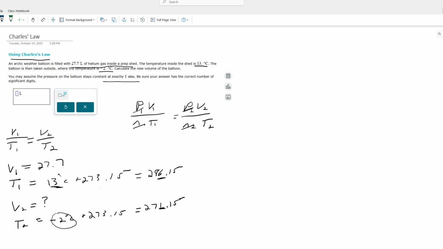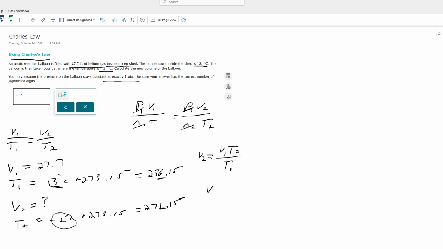So we are solving for V2, so V2 is going to equal V1 times T2 over T1. I just did the algebra myself to make it easier when I plug things in.